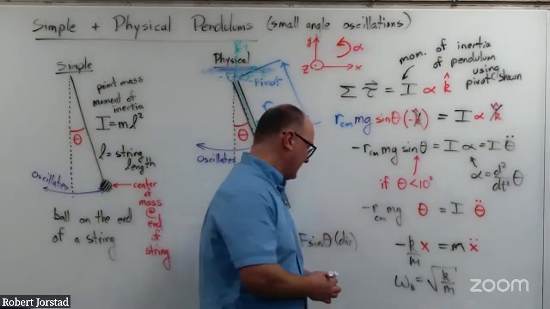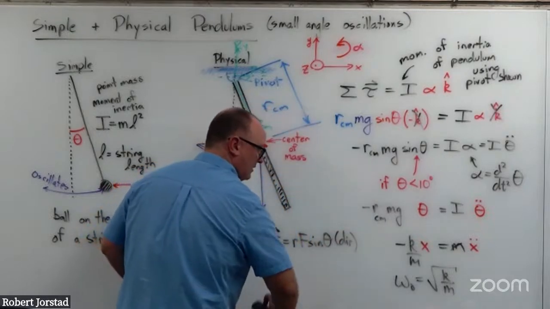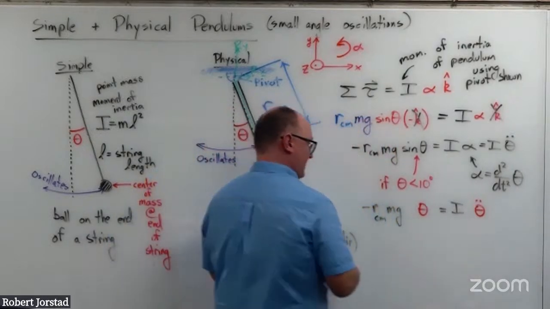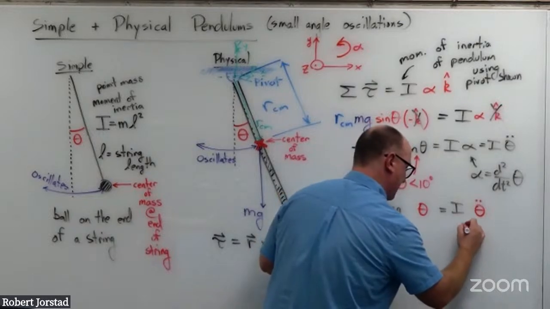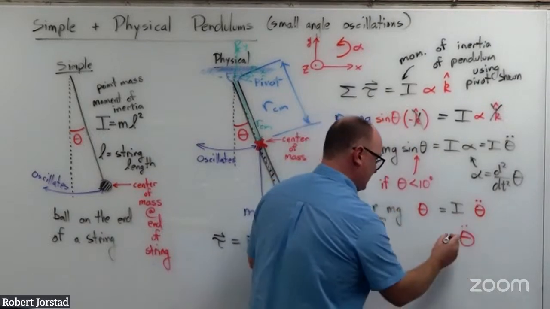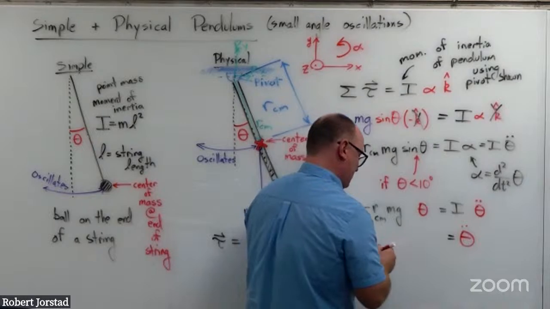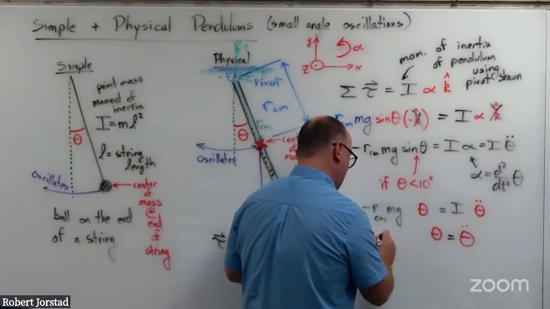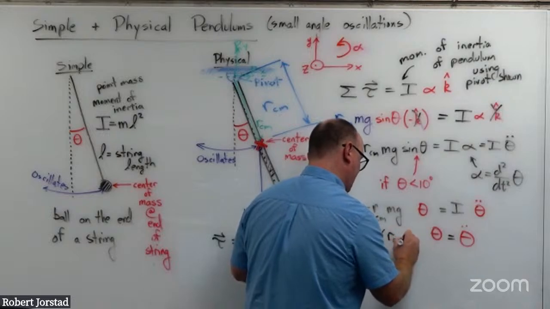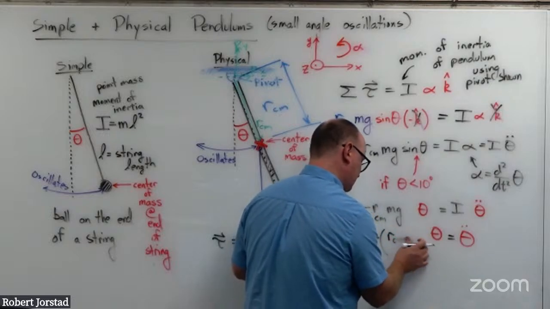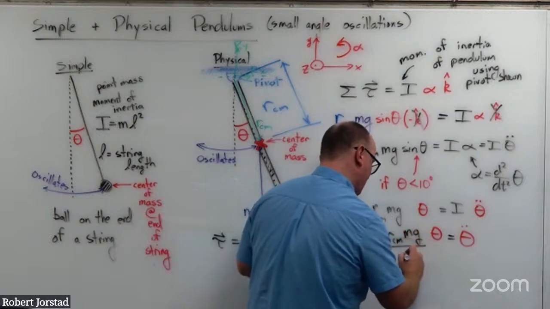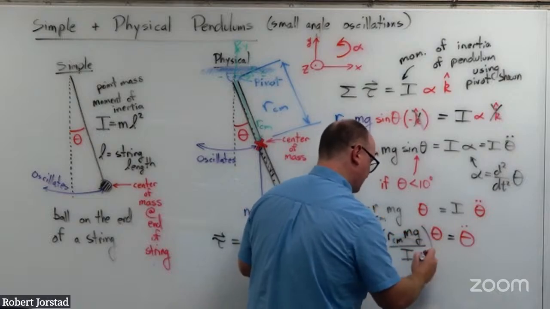So let's do that. Let me erase the horizontal mass spring. And let's bring this up. Notice theta double dot is equal to theta times this crazy looking thing: negative R center of mass mg all over the moment of inertia.